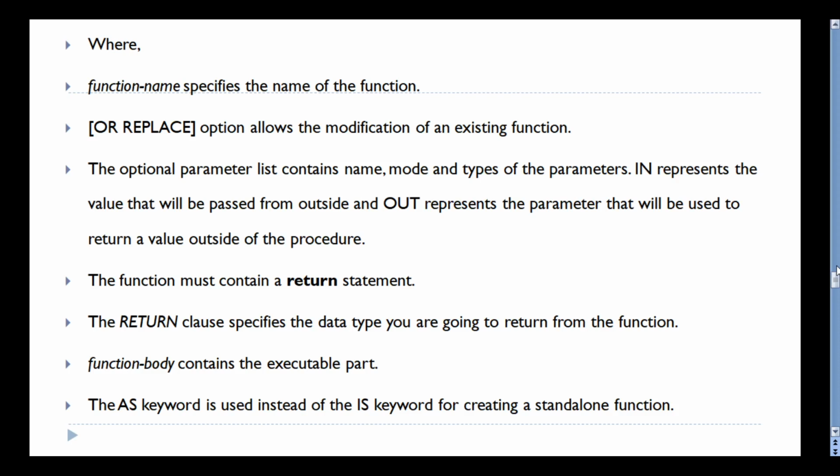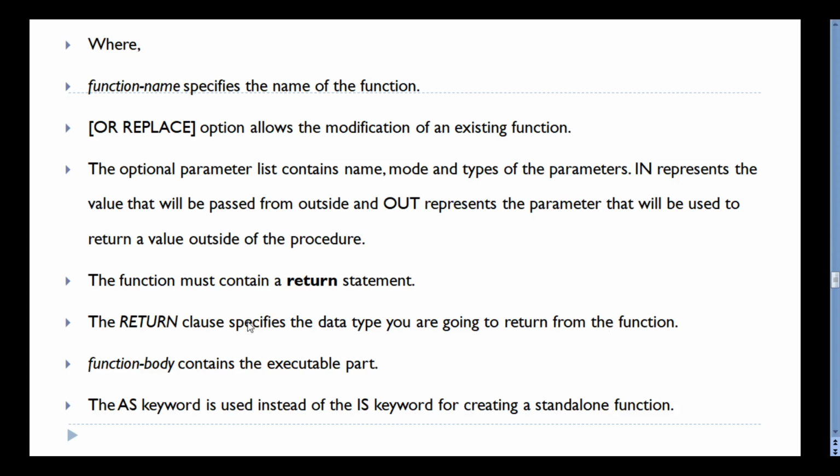IN represents the value that will be passed from the calling environment to the called environment. OUT represents the parameter that will be used to return a value from the called environment to the calling environment. The function must contain a return statement.